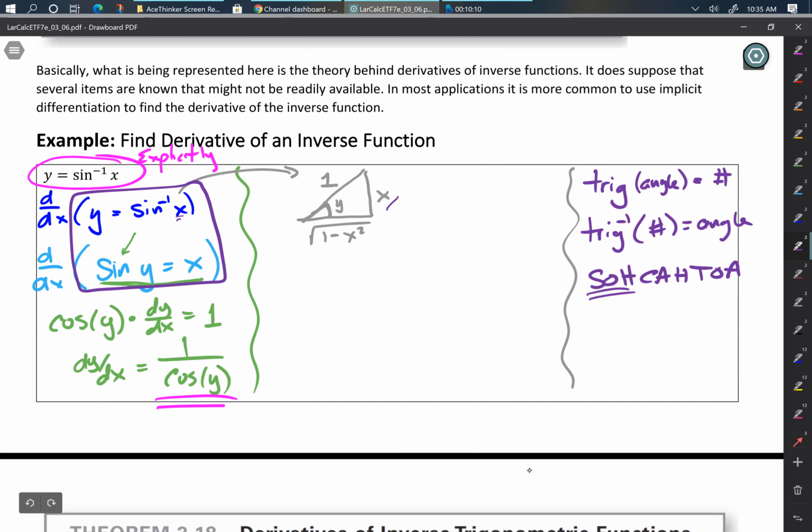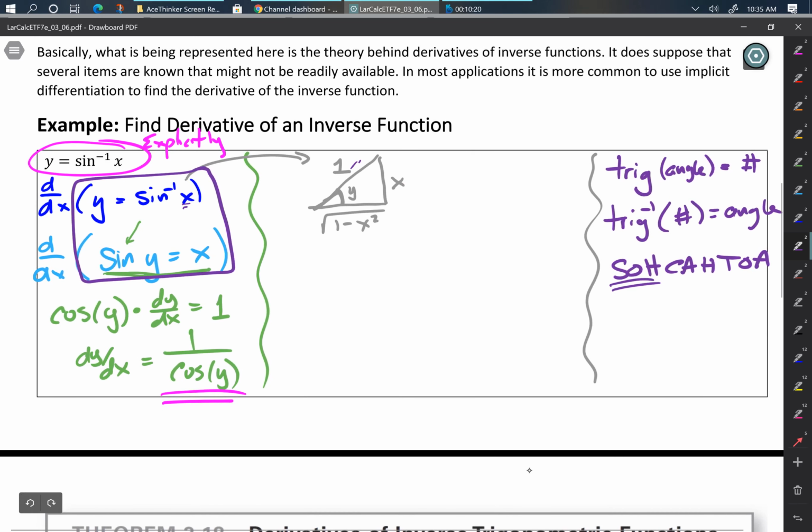So I chose the opposite side to be x and the hypotenuse to be 1. If you don't like that, then look at the light blue. The light blue says the sine of y is equal to x. So y is the angle, and x is opposite over hypotenuse. So I put the y as the angle, and then I made x and 1.